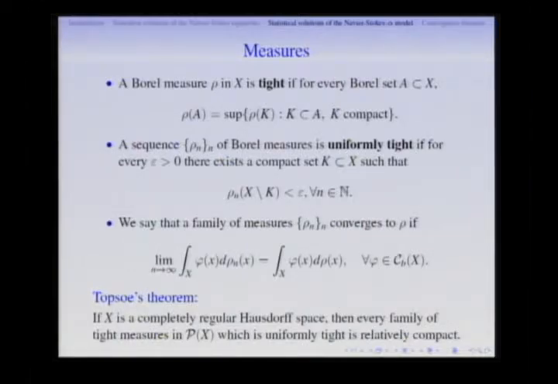And the topology here is given by this type of convergence, which is the convergence in the sense of these integrals. It's in some sense the dual of the space of measures.